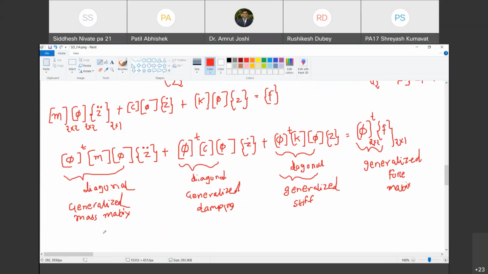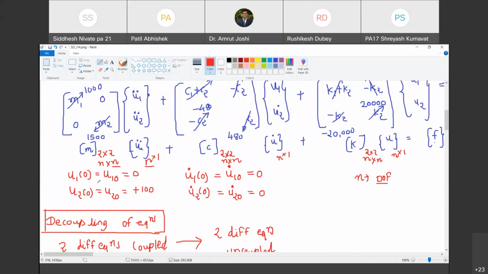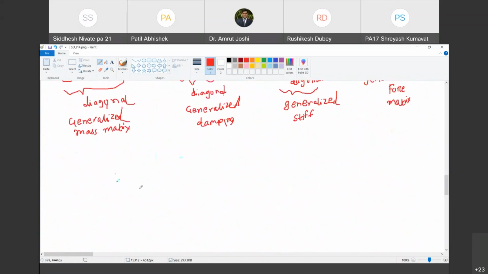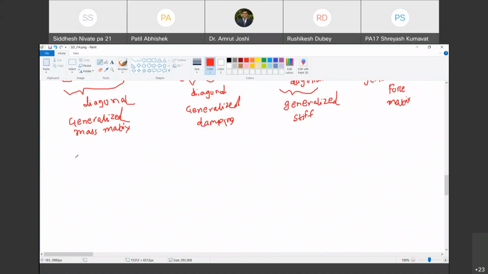Yes, sir. And now I claim this problem definition is not complete yet because I have not transcended boundary conditions in terms of the generalized coordinate system. Do you agree with me? Yes, sir. So what are the boundary conditions in the parent coordinate system? The first boundary condition is on U1. So I will write U1 0 and U2 0 in matrix form.